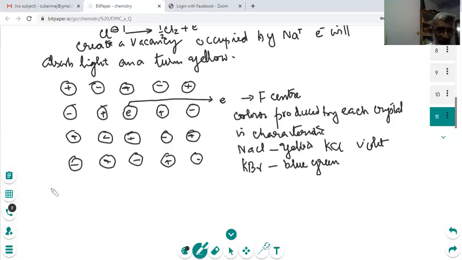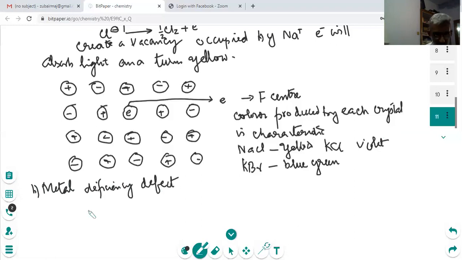Okay, so now let us look at metal deficiency defects. So far we were discussing metal excess defect. Let's look at metal deficiency defects. What is that?